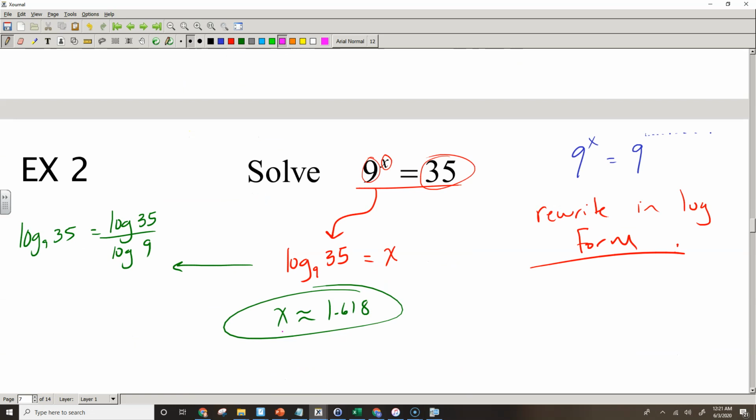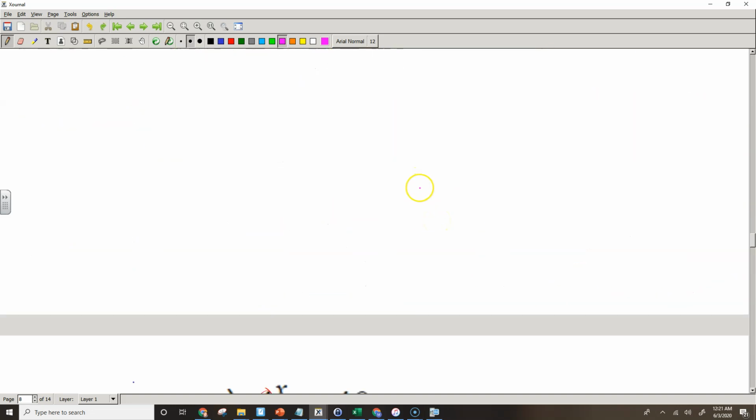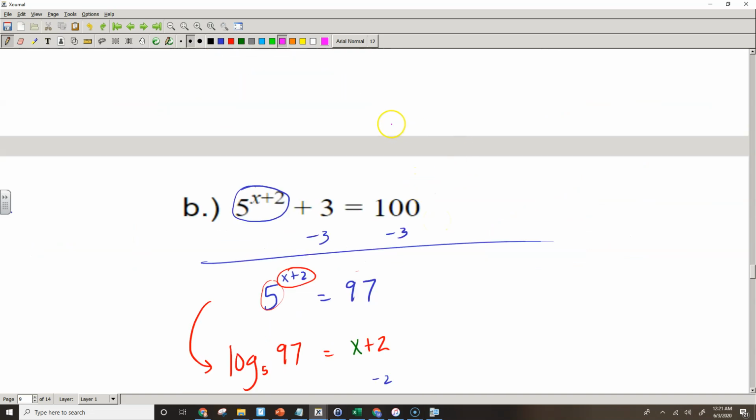But if you can't do that, then you either have to use trial and error, or what you want to do here is use a logarithm. Rewrite in log form so that you can get your answer. And for the last problem that we did, if you need to add or subtract or get this power by itself before you write in log form, then make sure you do that as well.